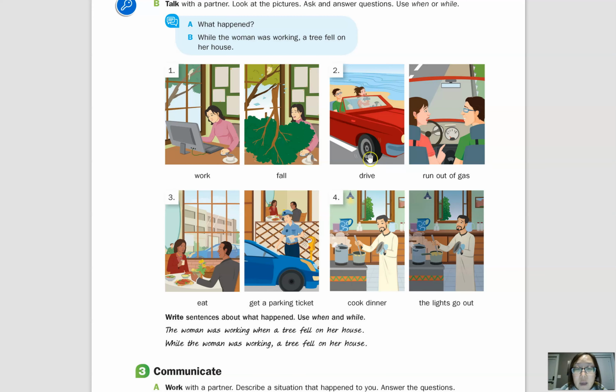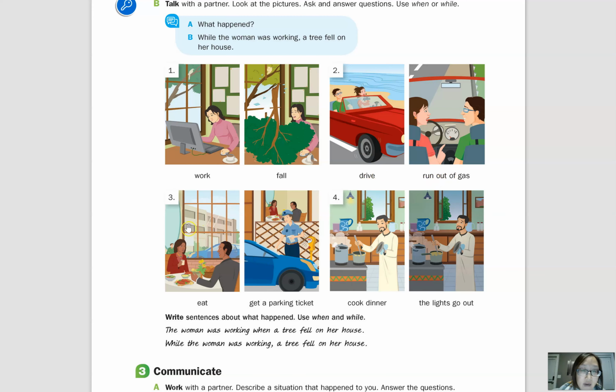But you can also say, while the man and woman were driving, they ran out of gas. Okay, so both sentences are okay. And then if we use when, we can say, the couple was driving when they ran out of gas. Or the man and woman were driving when they ran out of gas. Okay, so again, remember, use when with the past tense and while with the past continuous tense.